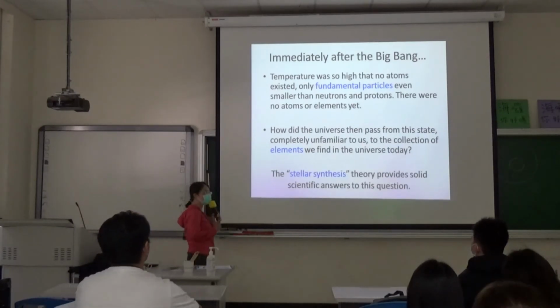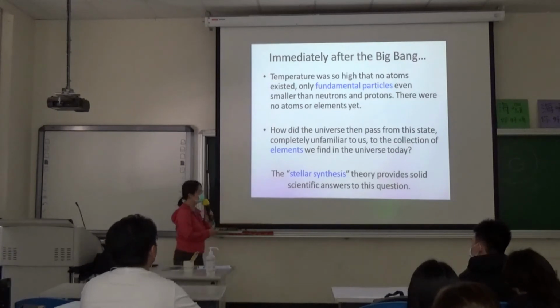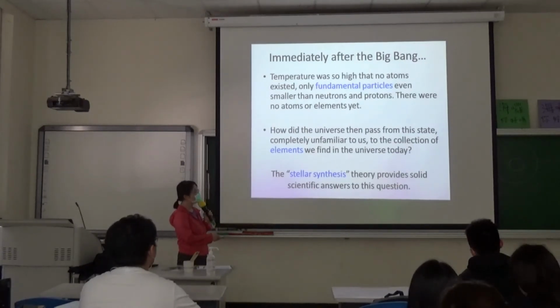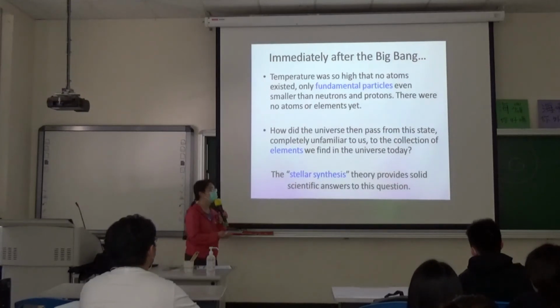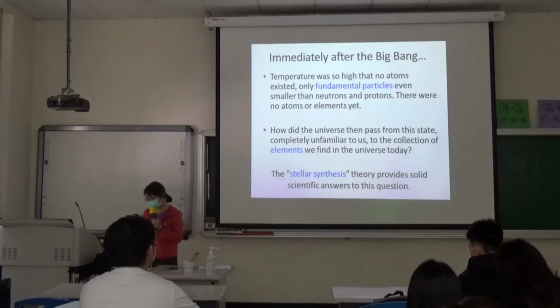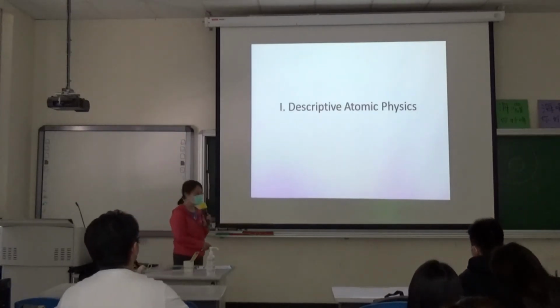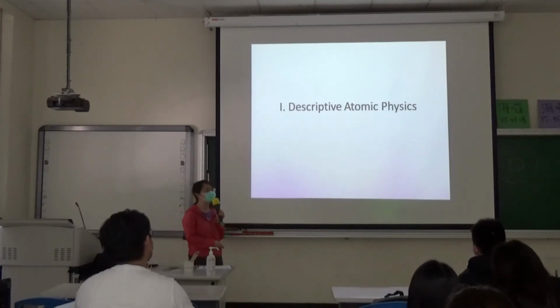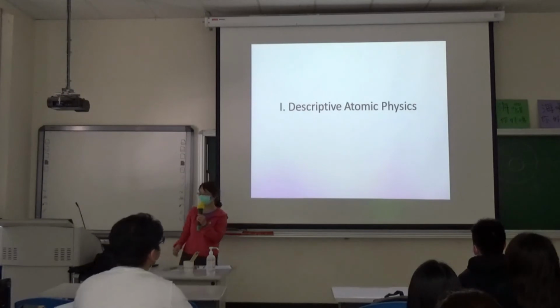The answer to this question is the stellar synthesis theory, and it's actually based on the textbook. It's a very solid scientific theory. If a full score is 10 points, then this hypothesis has 9.9. Very high score. But before that, you need to review or remind yourself a little bit about descriptive atomic physics.